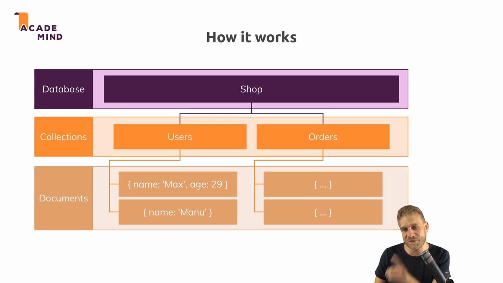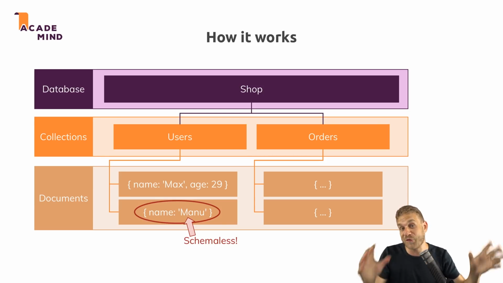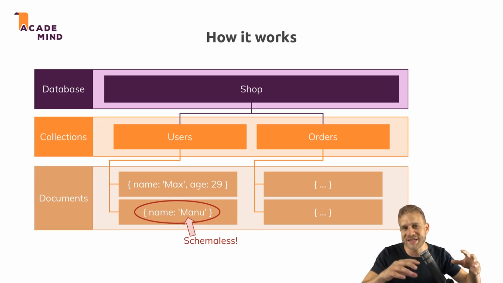And one important thing and one key difference to SQL databases is that these documents are schema-less, which means, as you can see here, we can have one collection, one table, if you want to call it like that, where we store different data in. Here we have one document which describes a user who has a name and an age, and the other user only has a name because maybe we didn't retrieve the age data. In MongoDB, it's no problem to store such mixed data in one and the same collection, which makes MongoDB very, very flexible.